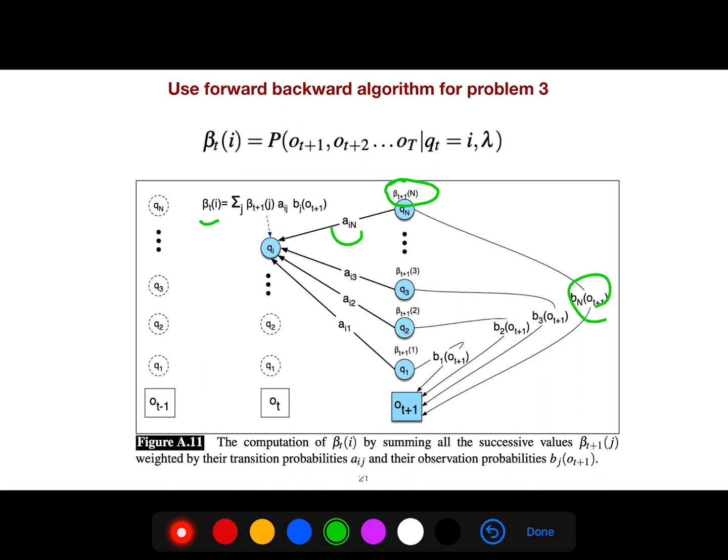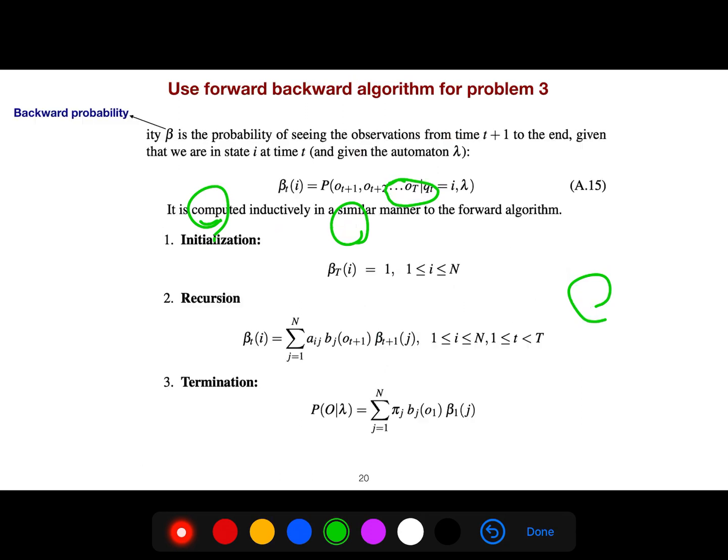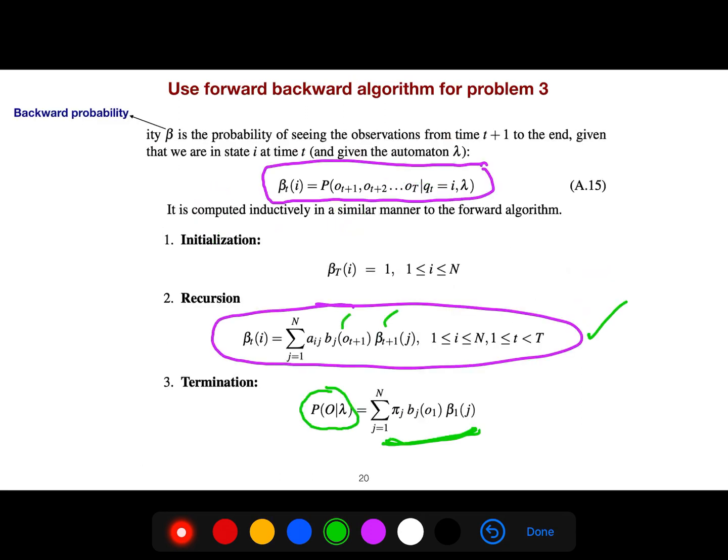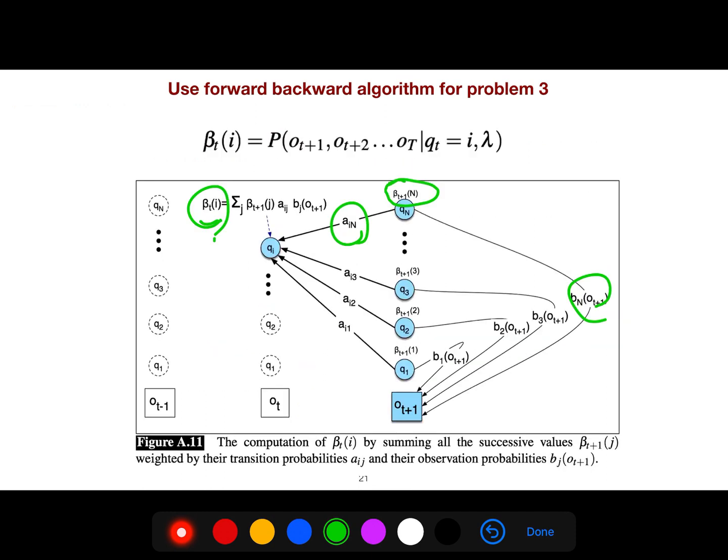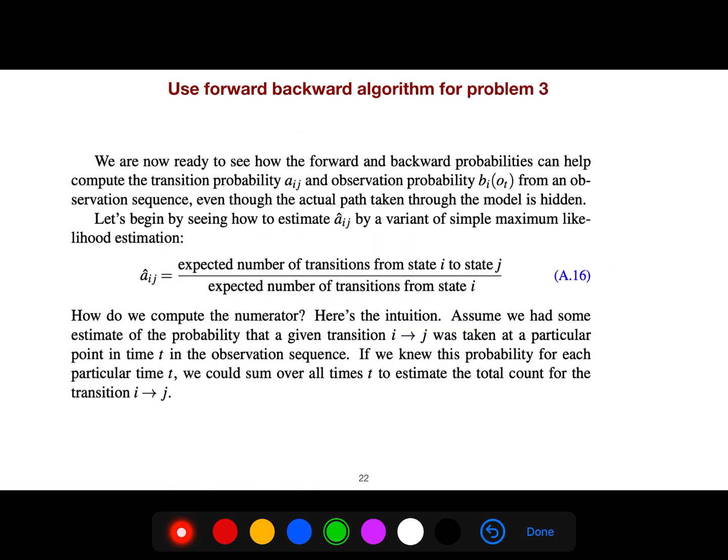So we just multiply this and this and this to get this. So we multiply 3 terms and sum over them, because there are many different ways to go from state i to the next time step, to the next state. There are different possibilities.